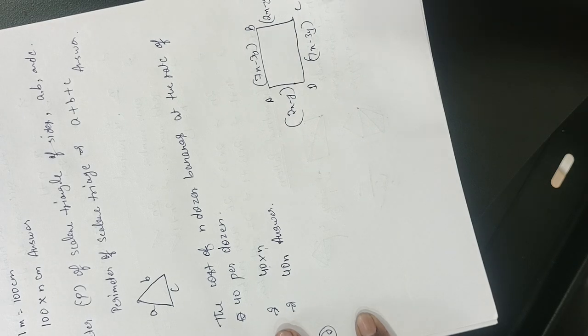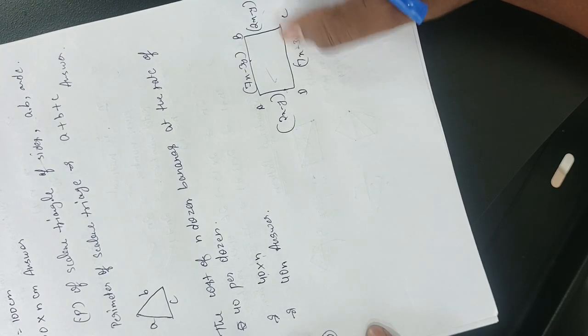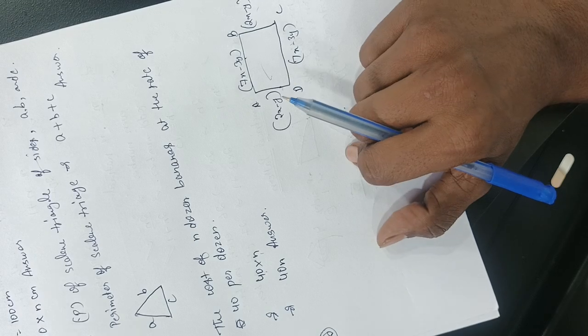Here we can see that the opposite sides are the same. This is a rectangle. We have to find the perimeter. What is the perimeter formula? I have told you earlier.